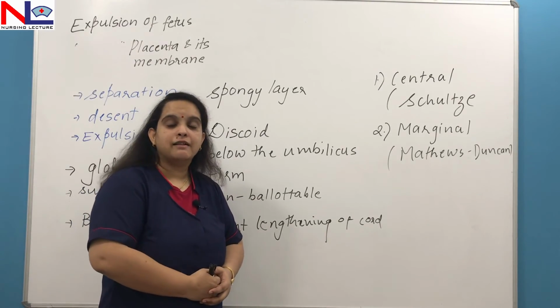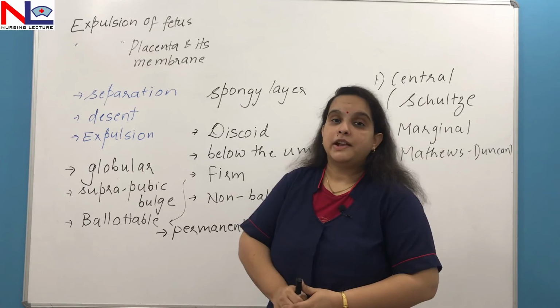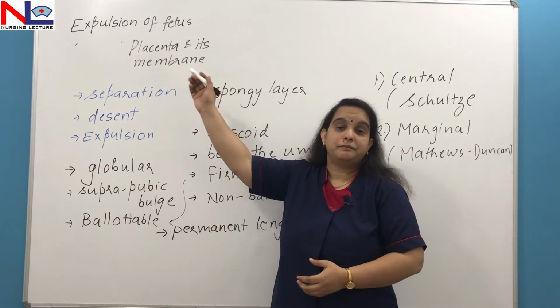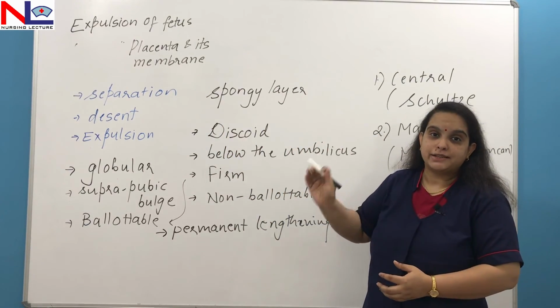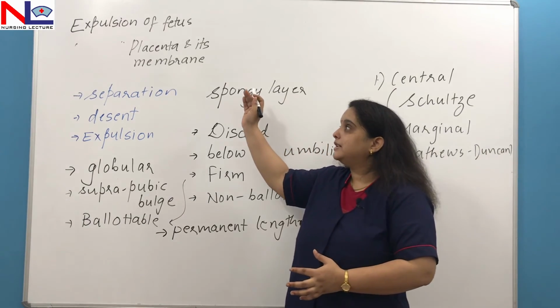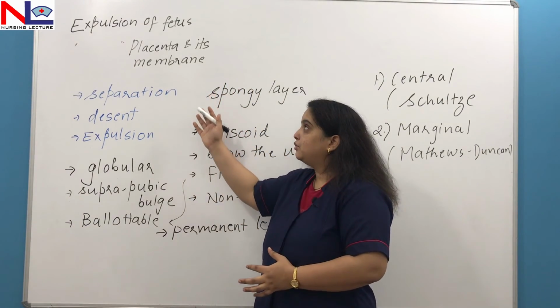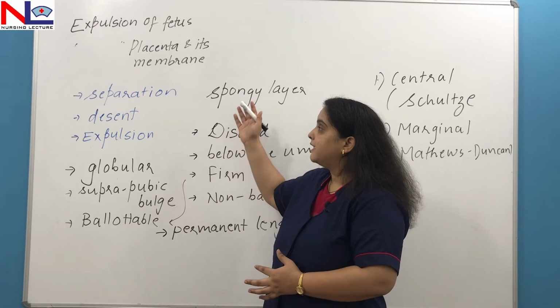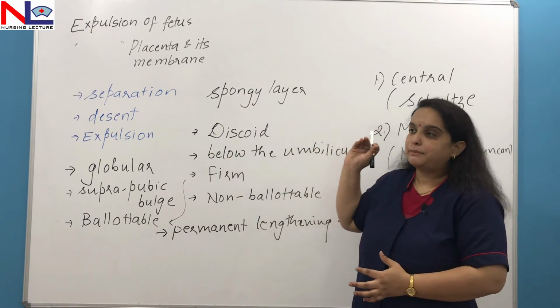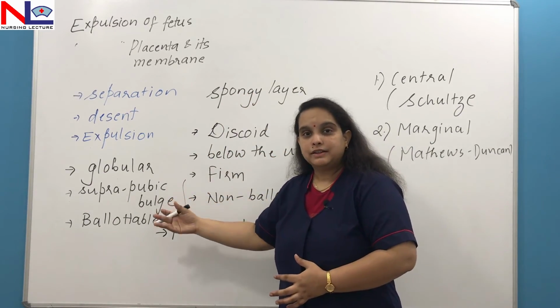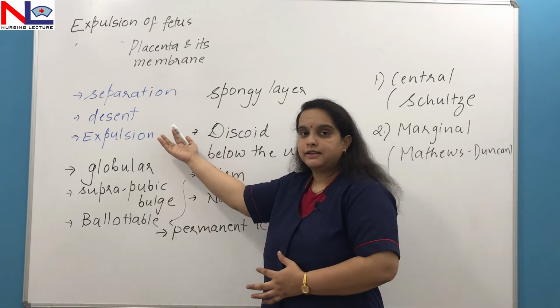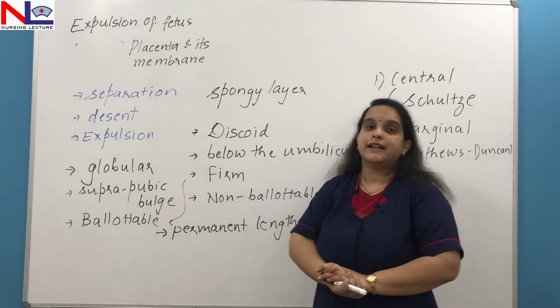So with this lecture, we have seen the third stage of labor in which the placenta and the membranes are expelled completely. The events for the expulsion of the placenta are: first the placenta separates, then it comes down, that is descent of the placenta, and finally it is expelled out.